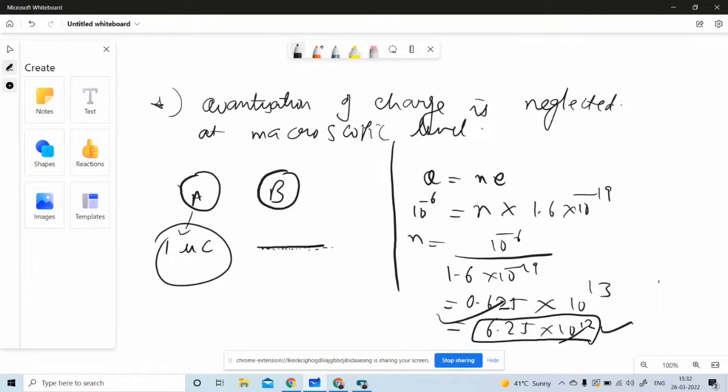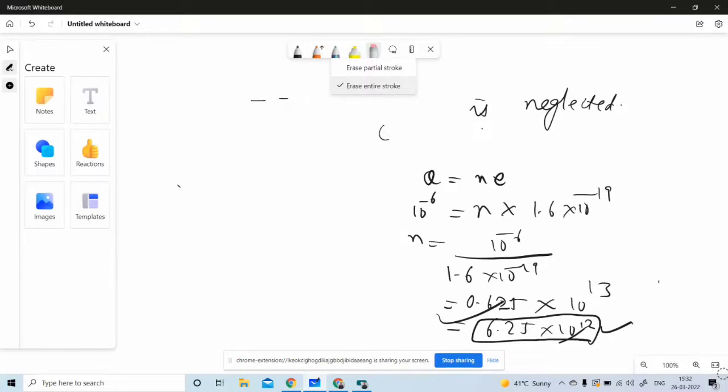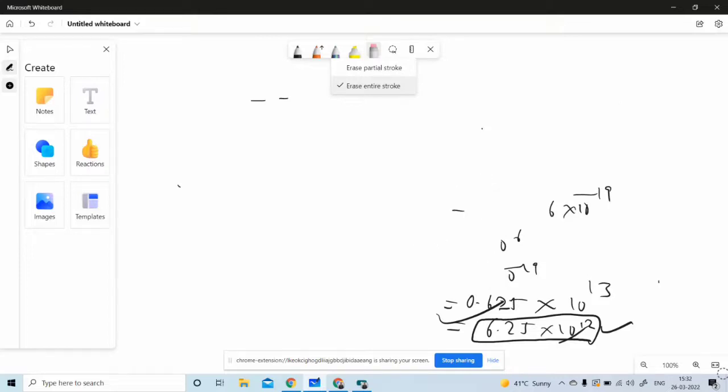But we'll take continuous values of charges. Students, is it clear? So if in the question you have been asked is charge on the body quantized, then definitely we'll say yes. Charge on the body is always quantized, but we'll consider it to be continuous.